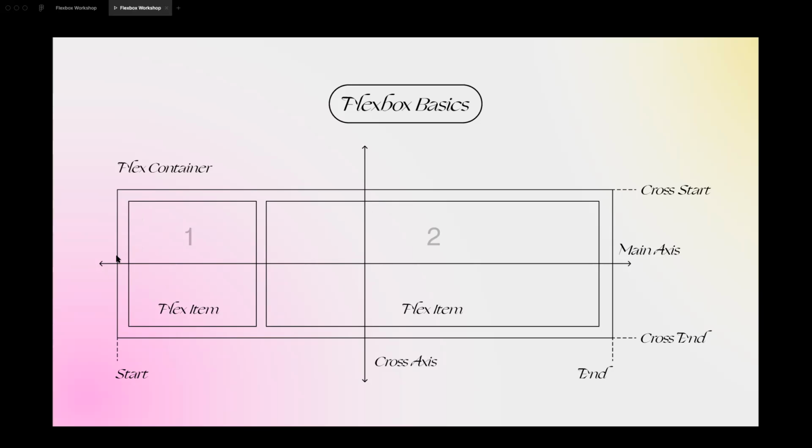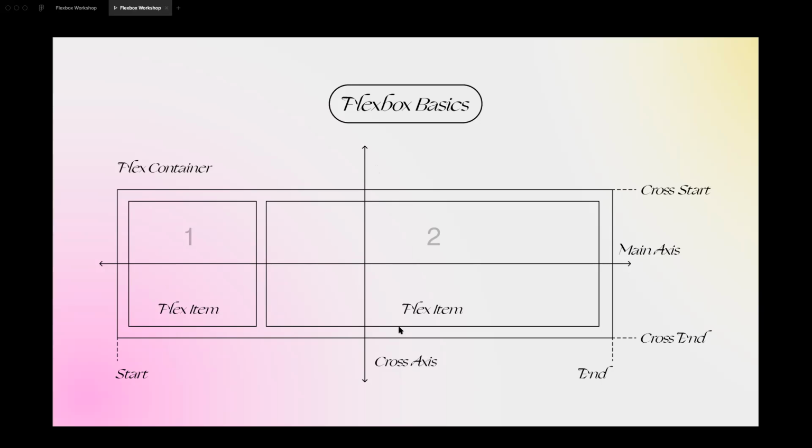The main axis on a default row is going from left to right, and the default cross axis is going from top to bottom. If your flex direction is column, then this will rotate 90 degrees, and your main axis would be going top to bottom, and your cross axis will be going left to right.